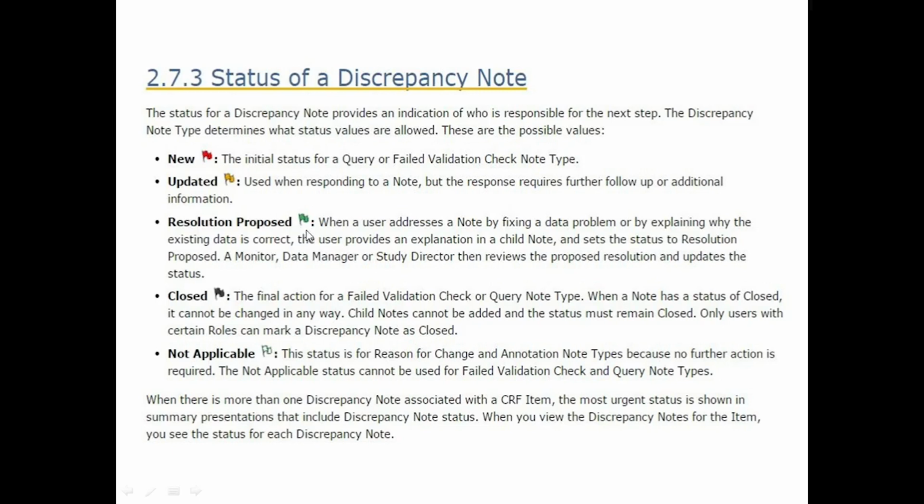If they think the proposed resolution is satisfactory, they'll indicate, okay, update the data. The site will then update the data, and the discrepancy will be closed. And there you'll see a black flag. In other words, the action for the failed validation check or query note has been approved, and now it's closed.